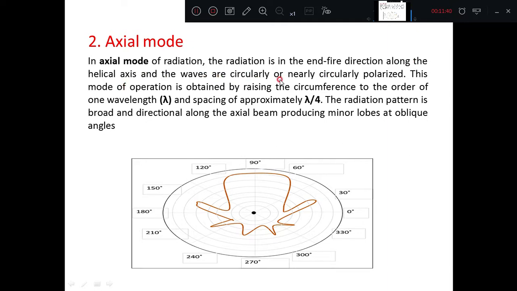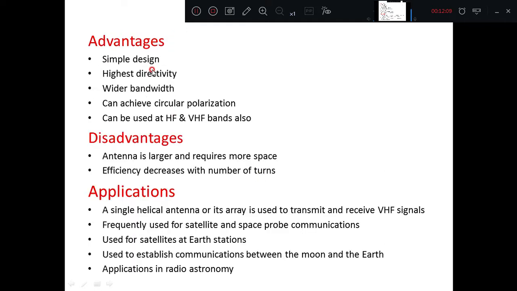The waves are circularly or nearly circularly polarized, and this mode is obtained by raising the circumference to the order of one wavelength, with spacing approximately lambda by 2, right? The radiation pattern is broad and directional along the axial beam, producing minor lobes at oblique angles. These are the minor lobes, and there is one major lobe.